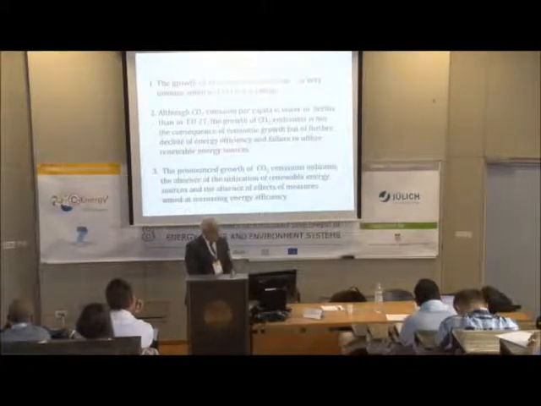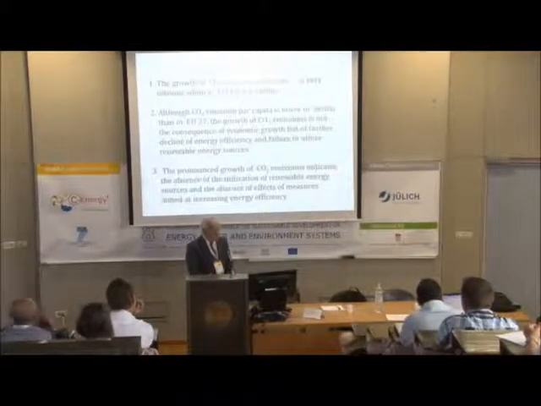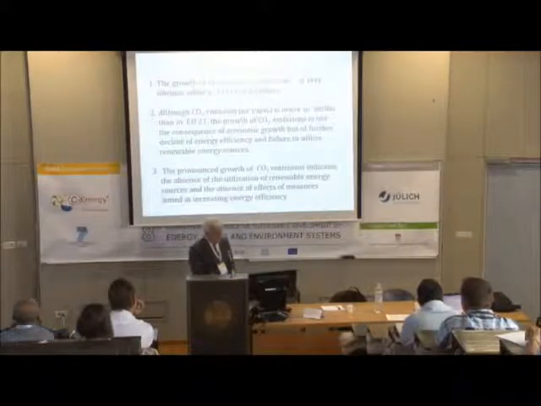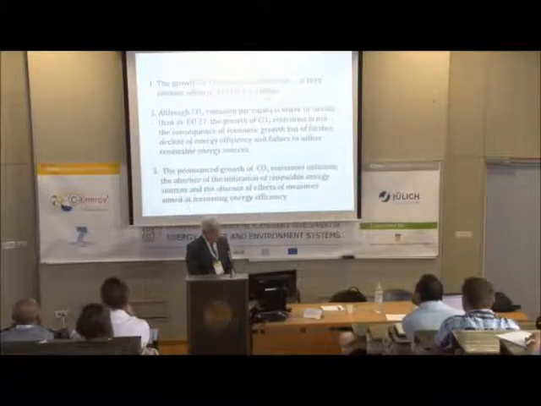indicators. The growth of CO2 emission in Serbia is very obvious, while in EU 27 it is falling. Although CO2 emission per capita is lower in Serbia than in European Union 27, the growth of CO2 emission is not the consequence of economic growth, but of further decline of energy efficiency and the failure to utilize renewable energy sources.